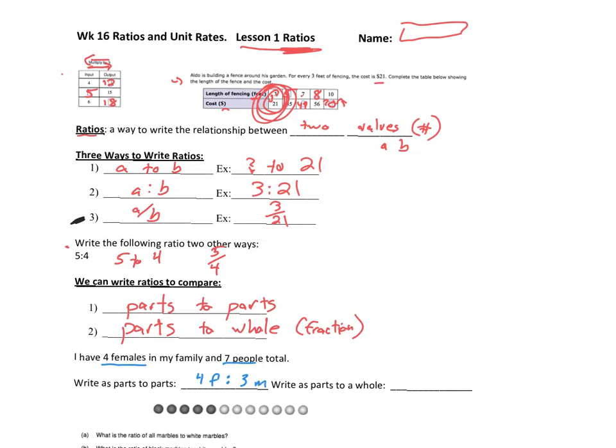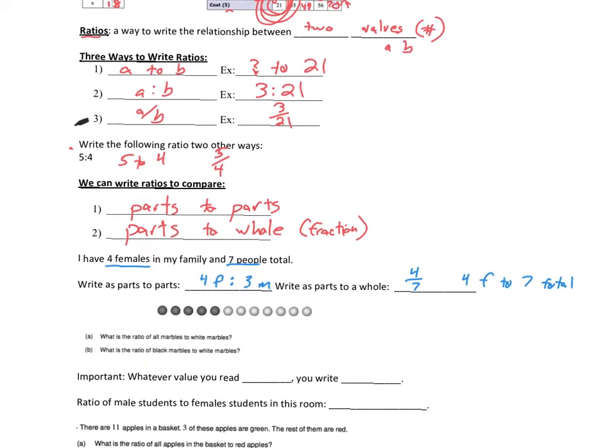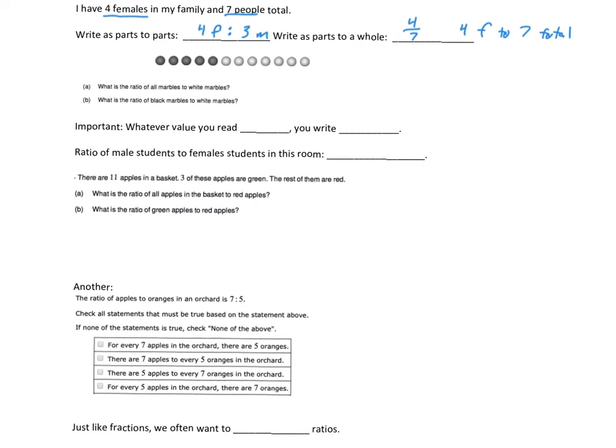Okay, if I'm doing parts to a whole, 4/7 of my family is female. Okay, or I could have said 4 females to 7 total. Those would be a couple ways to do that. All right. We're going to do several examples together today on different ways to look at this.